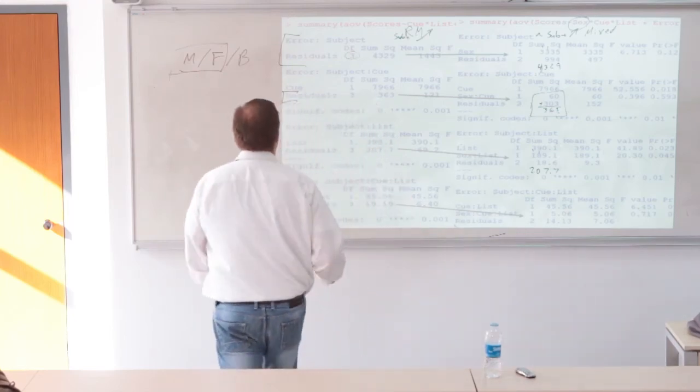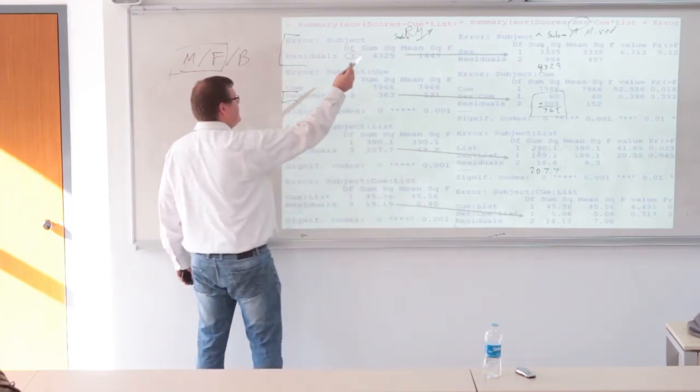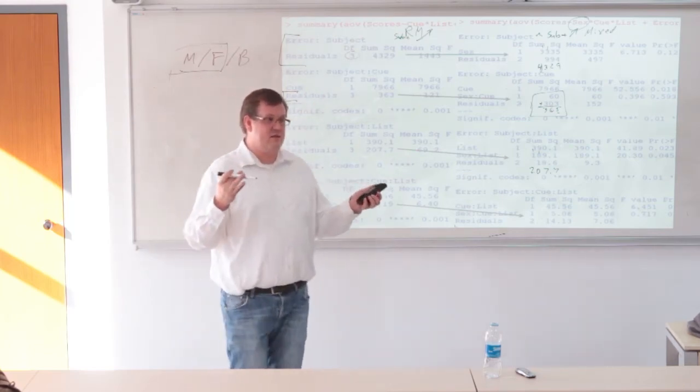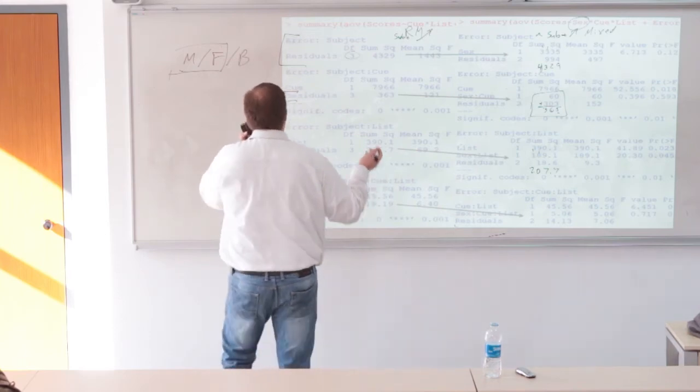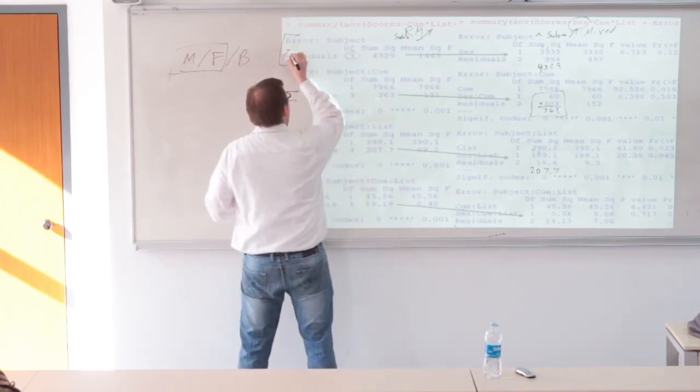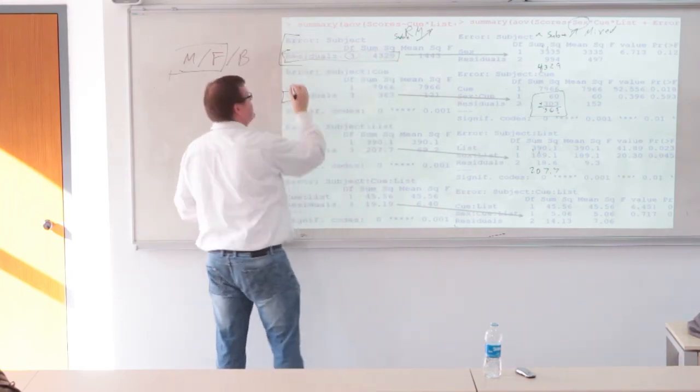Well, what's going to happen is you are saying treat subject as its own factor. When you treat subjects as its own factor, all of this we said was due to subjects.